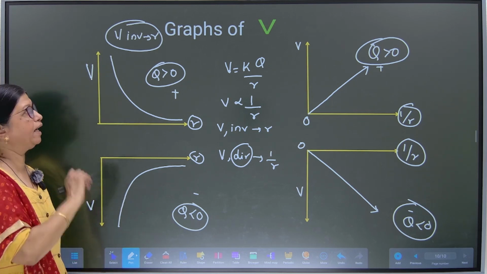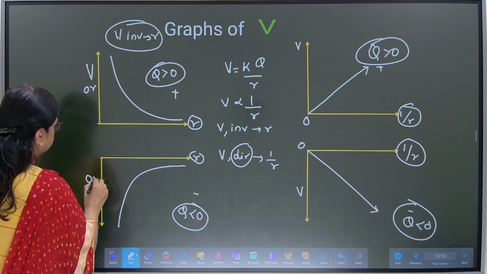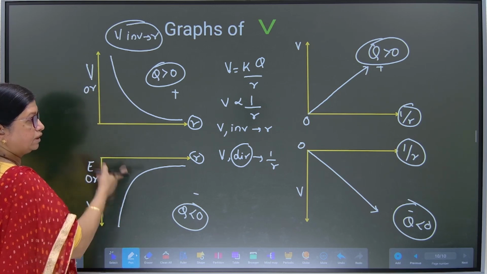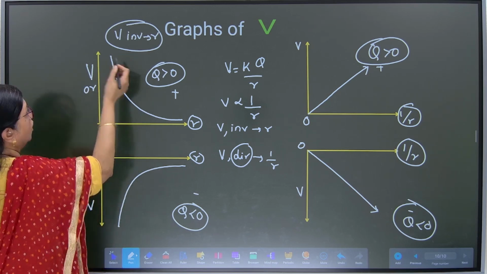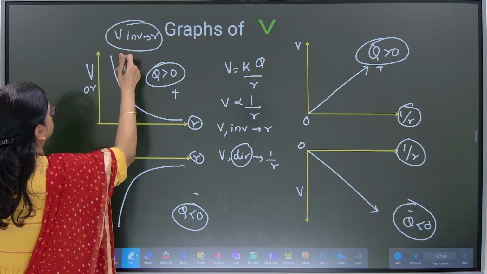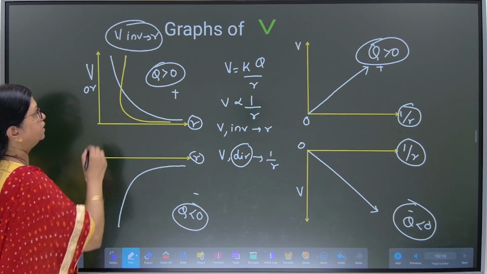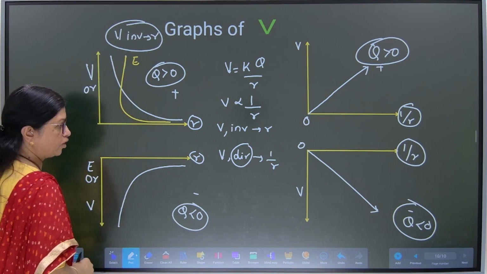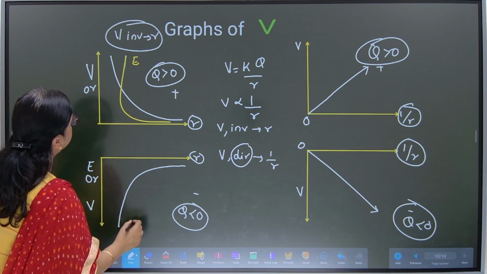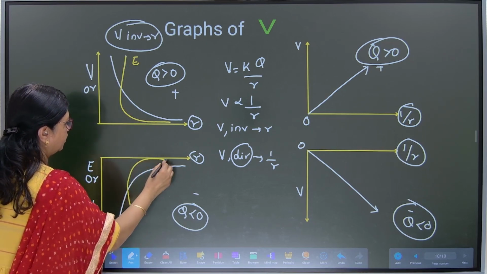Now in the same graph, they can also ask for E for this kind of questions or for this kind of graphs. Then how should I do it? I will put it with a yellow curve. Okay, this is the graph for E, and here also I go a little forward and then I cross here.